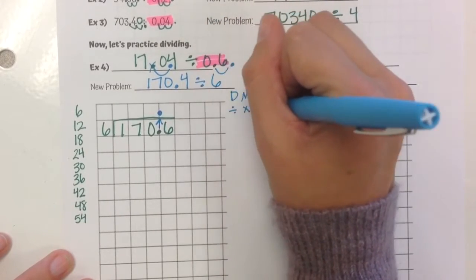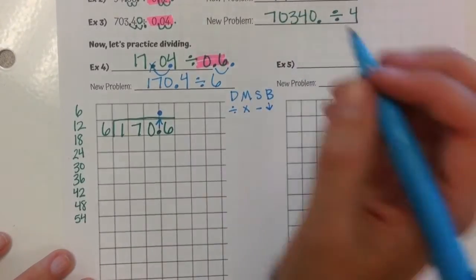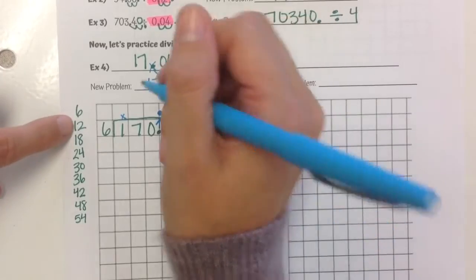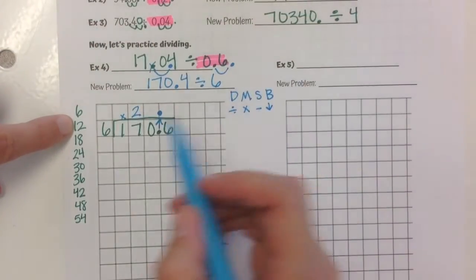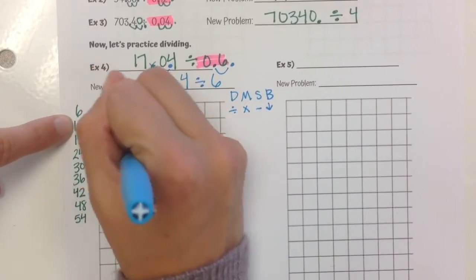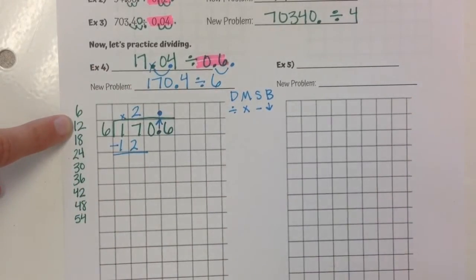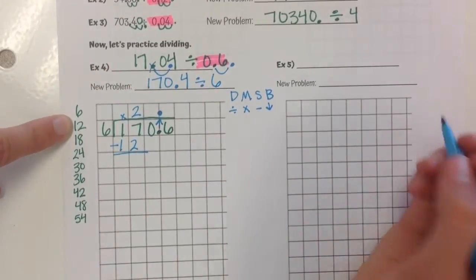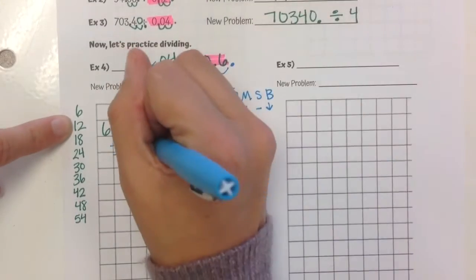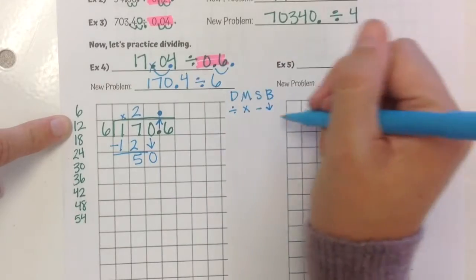Divide, multiply, subtract, bring down. So it doesn't go into 1. It goes into 17 twice. Now we multiply. 6 times 2 is 12. Next step is to subtract. 17 minus 12 is 5. Last step, bring down. Back to step 1.